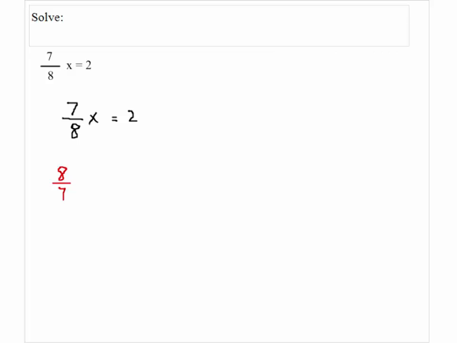If I multiply both sides of the equation by 8 over 7, I would have 8 over 7 times 7 over 8 is equal to 1. 1 times x would be x. So x is equal to 8 over 7 times 2. 2 times 8 is 16 over 7.